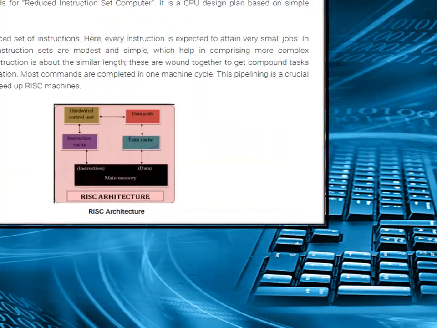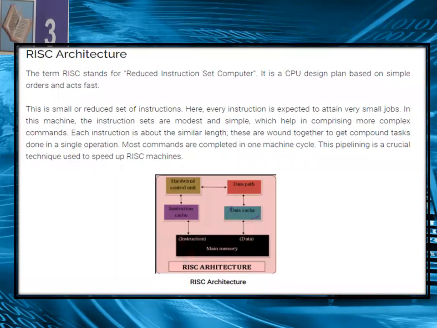So let's start with the introduction of RISC architecture. The term RISC stands for Reduced Instruction Set Computer. It is a CPU design plan based on simple orders and acts fast. This is a small or reduced set of instructions. Here, every instruction is expected to attain very small jobs in this machine.